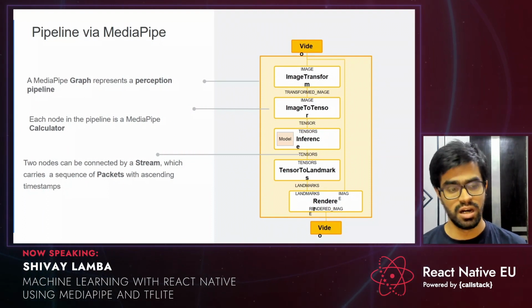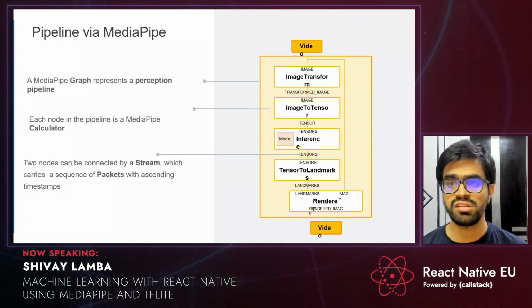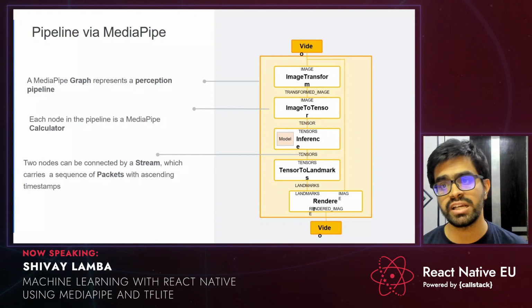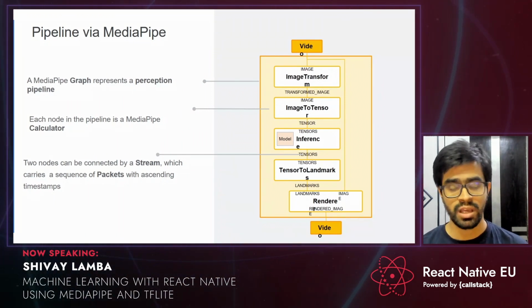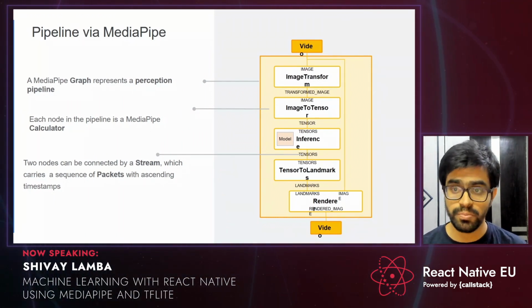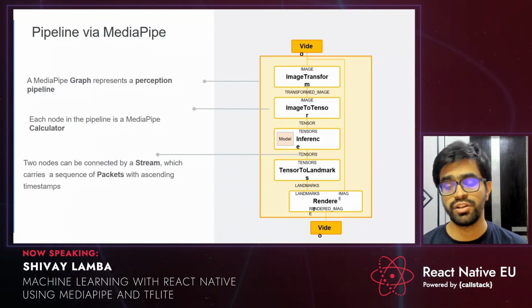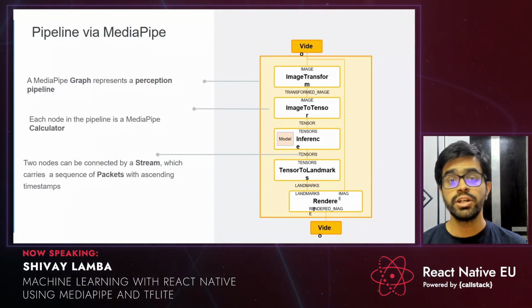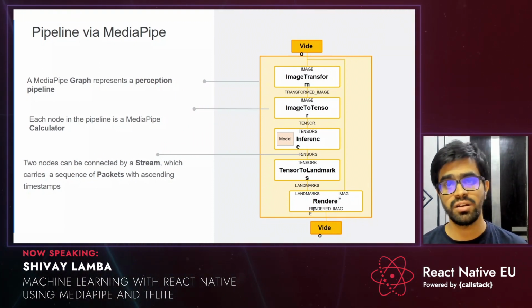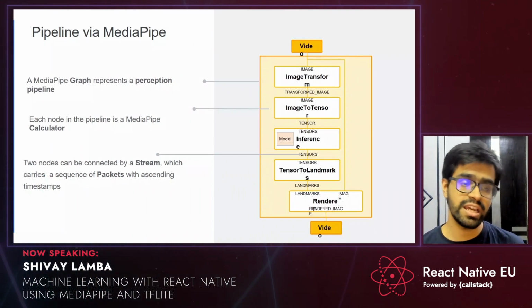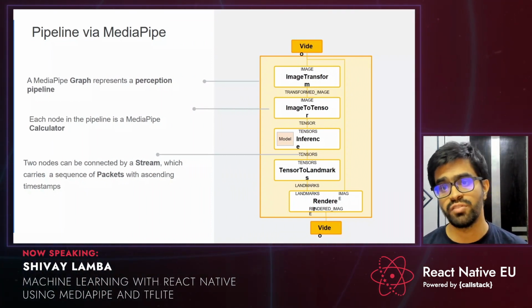Essentially, we are containing the entire solution. Whenever we're talking about any kind of MediaPipe based solution, the image that you're providing will be given to the MediaPipe graph, and that information will flow.